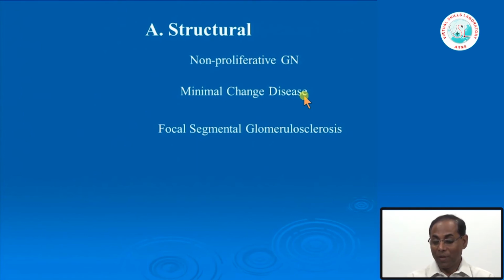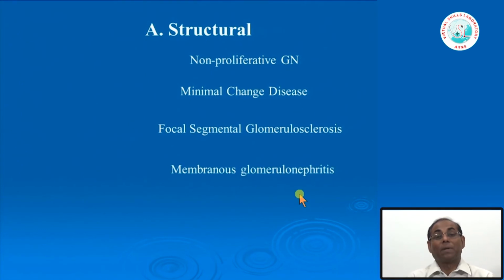This is also a non-proliferative glomerular disease. And then comes membranous glomerulonephritis. In this, there is no proliferation, there is only thickening of the glomerular basal membrane. So in non-proliferative glomerular disease, these are the three most important entities we will learn: minimal change disease, MCD, focal segmental glomerular sclerosis, FSGS, and membranous glomerulonephritis or MGN.